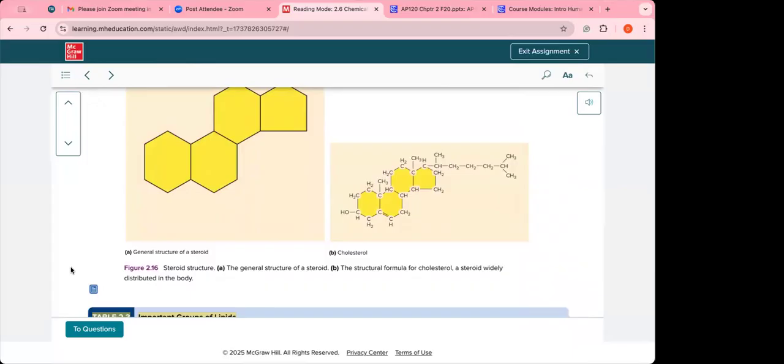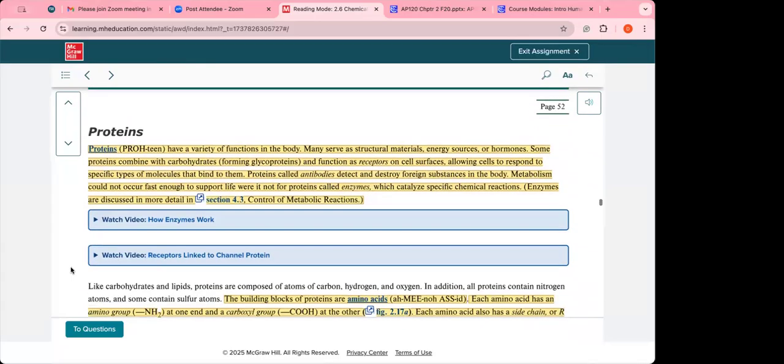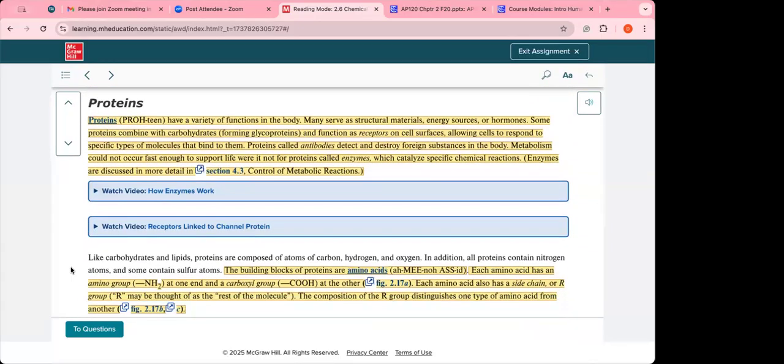Proteins serve a variety of functions in the body. Many serve as structural materials, energy sources, or hormones. So the answer is proteins.